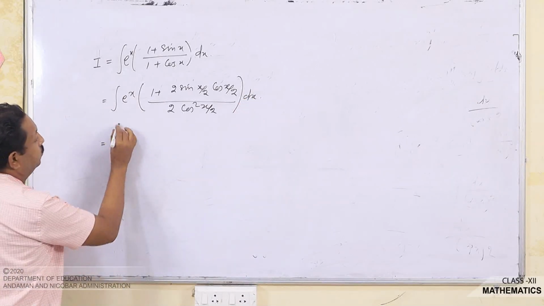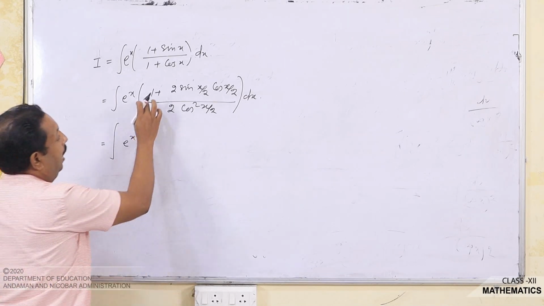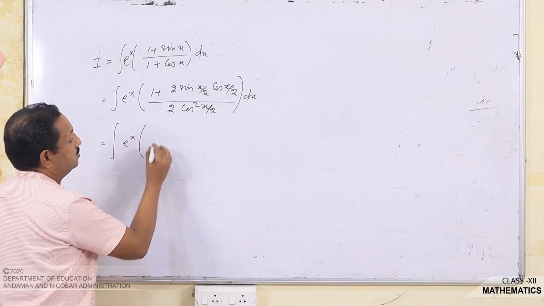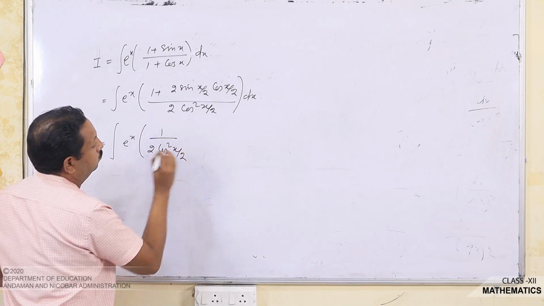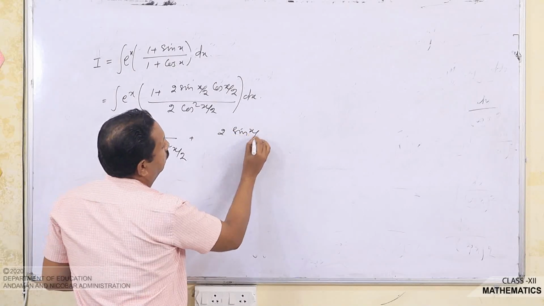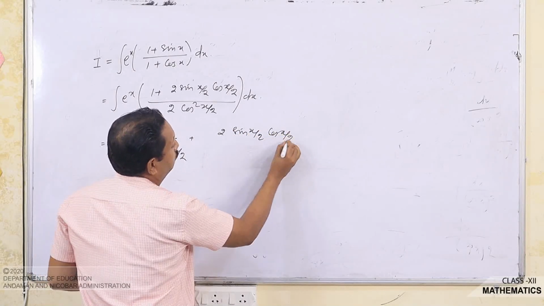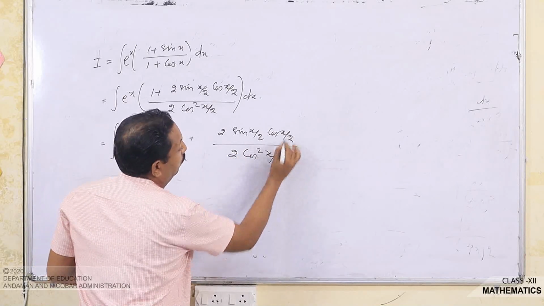So this equals integration of e power x. I make two separate terms over here: 1 upon 2 cos square x by 2, plus 2 times sin x by 2 cos x by 2, by 2 cos square x by 2, dx.